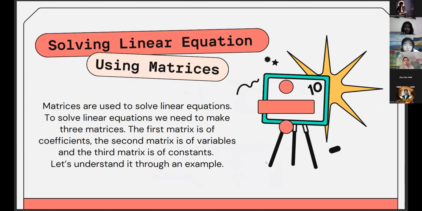Matrices are used to solve linear equations. To solve linear equations, we need to make three matrices. The first matrix is the coefficient matrix, the second matrix is the variables, and the third matrix is the constants.